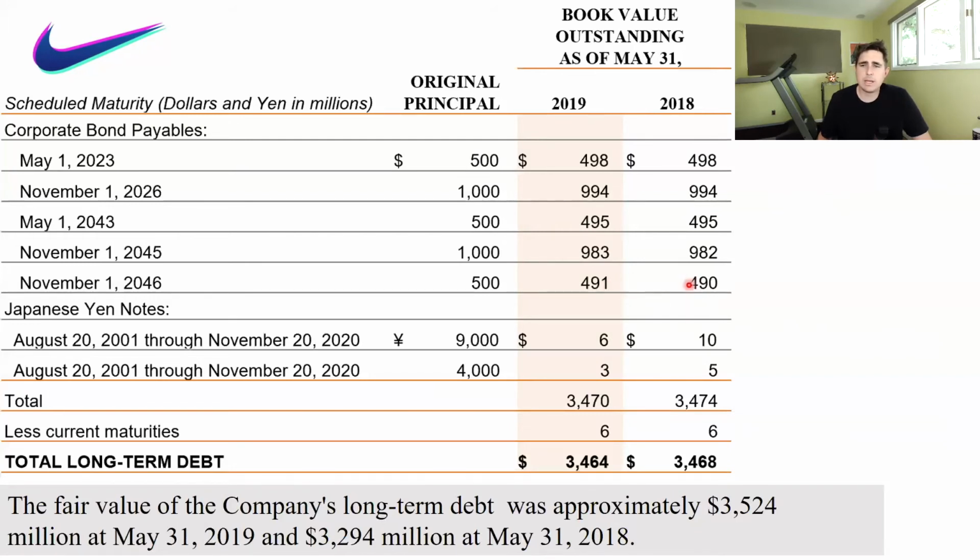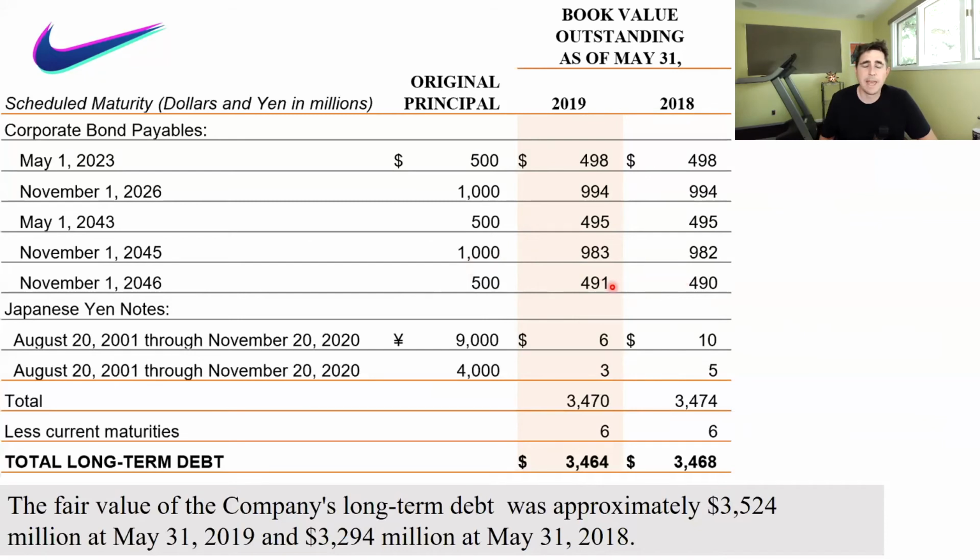You can see that in 2018, the book value was $490, and in 2019, the book value is $491. So it's making its way up towards face value, which is $500 million. By 2046, that book value will have made it all the way up to face value. And so that's how you can see the accounting working here, is that book value slowly creeping its way up towards face value.